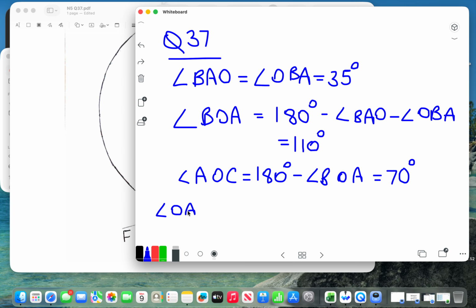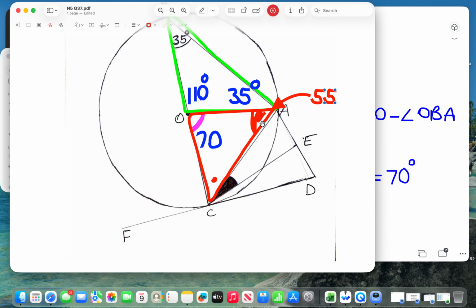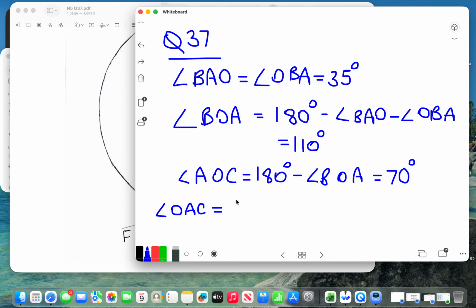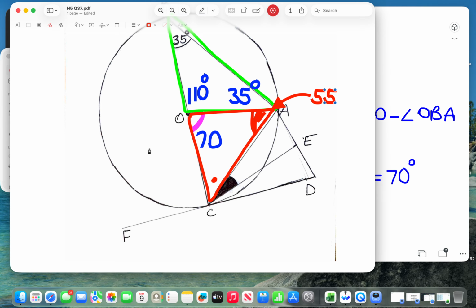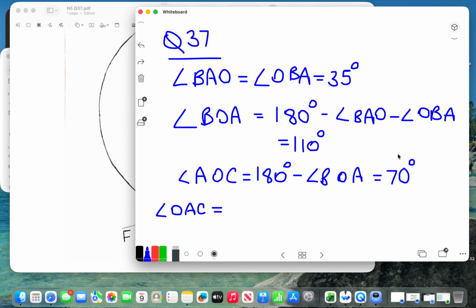For the naming convention, the letter in the middle is going to be the corner that the angle is. So this angle is at the corner A. So A has to be the letter in the middle. I should have made that clear. So AOC, for example, O is in the middle. So it's A along O, C, and it's this one in pink.